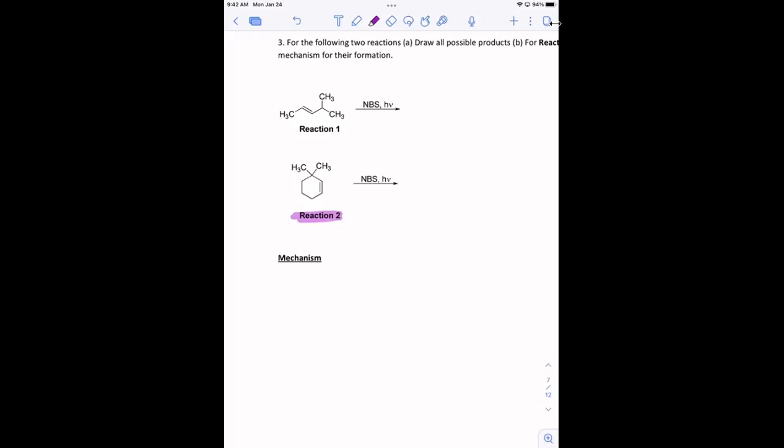How do you make that radical? By homolytically breaking hydrogen, breaking a CH bond. So you need a hydrogen at the allylic site in order to do allylic bromination at that site. If there's no hydrogen, you cannot do allylic bromination.